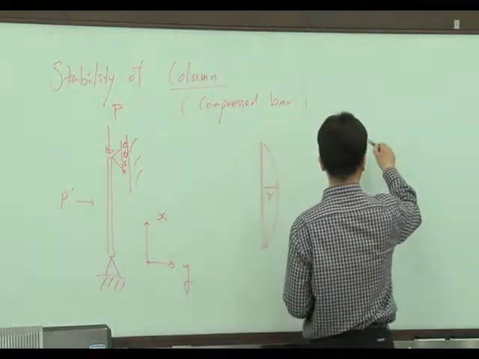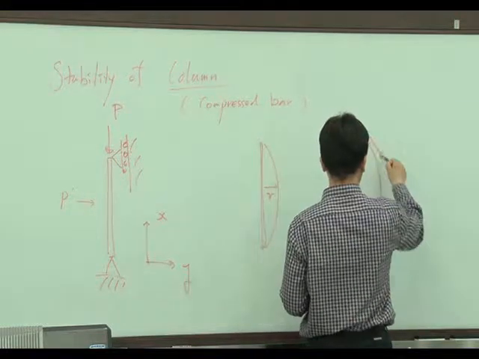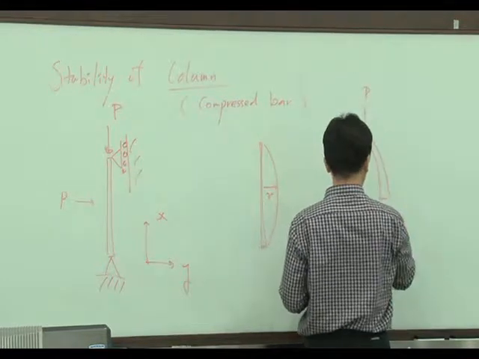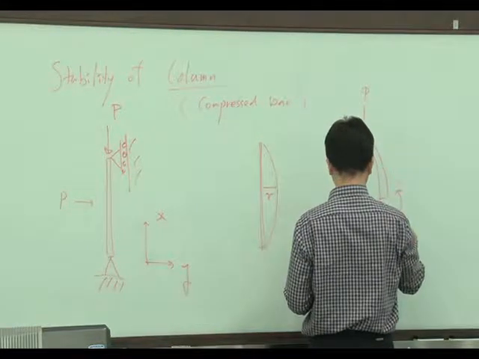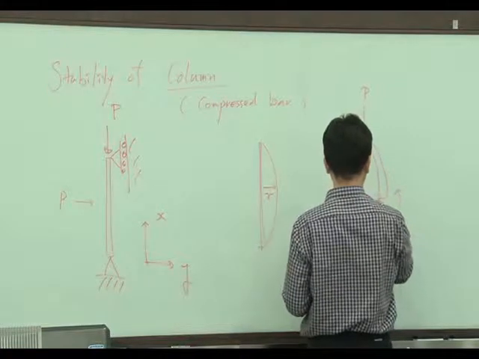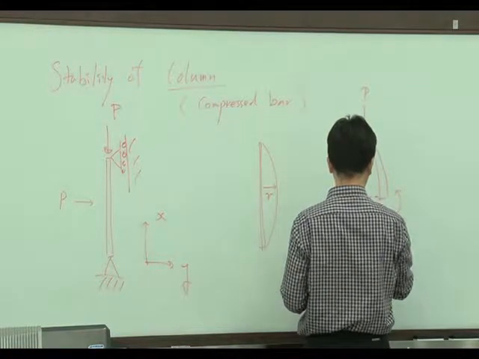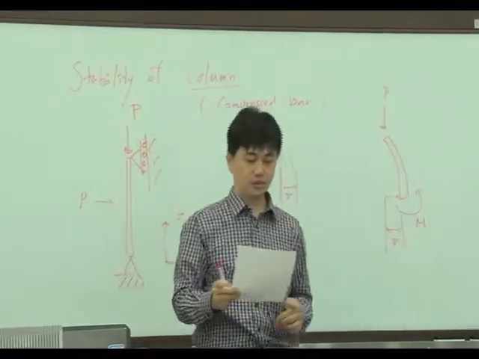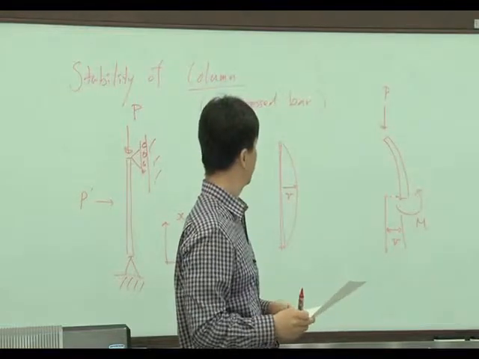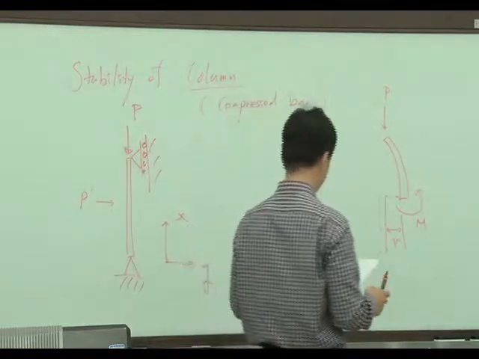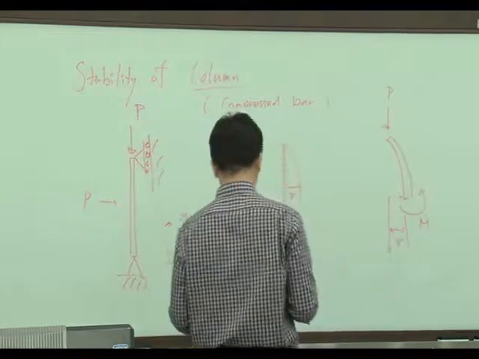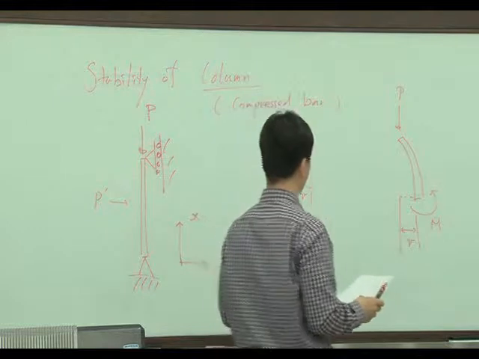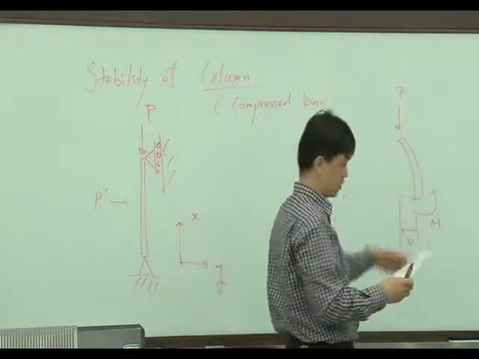And let's consider the part of that bar. Here P is applied, then internal moment M is applied, and from here to here, this is V due to the small perturbating load. Then here moment should be 0 for this free body.